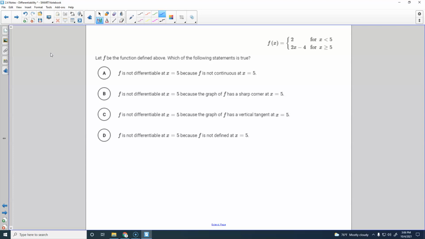Since this one's a multiple choice, I'm not going to show every step. If I plug 5 in here, I get 2. If I plug in over here, I do 2 times 5 minus 4. 10 minus 4 gives me 6.